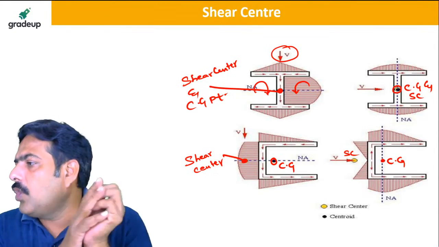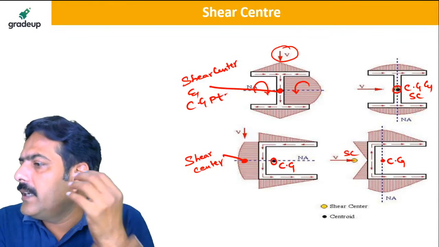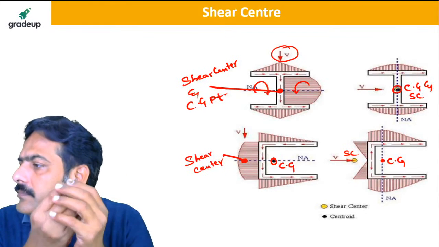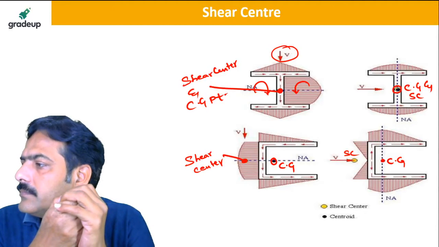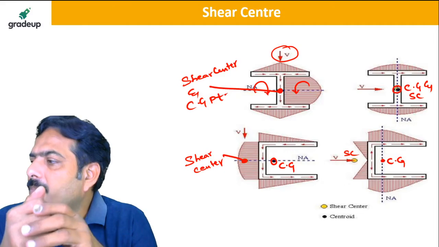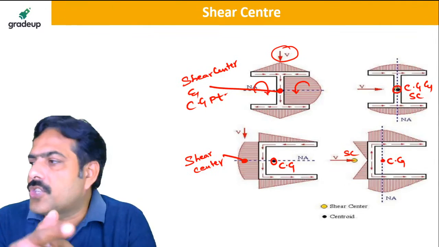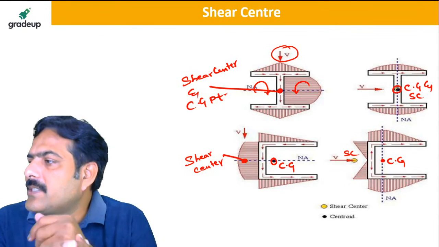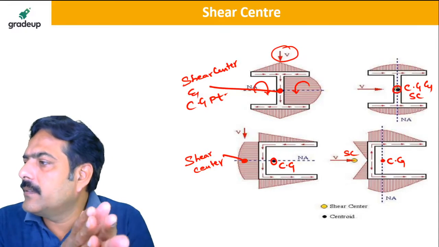Yeah, it is for both. It is for both, Tirumala. Imtiaz, I have explained this in the target batch. In the target batch, I have taken strength of materials.